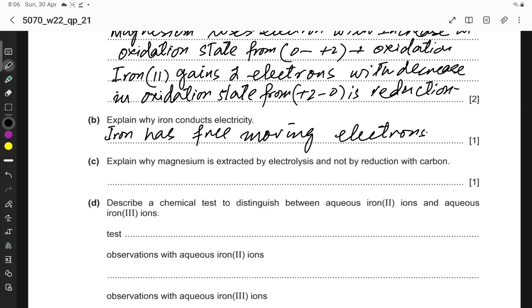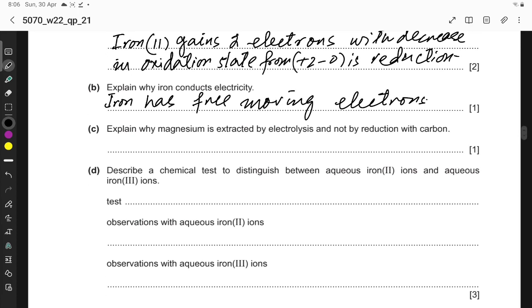Explain why magnesium is extracted by electrolysis and not by reduction with carbon. Magnesium is more reactive than carbon.